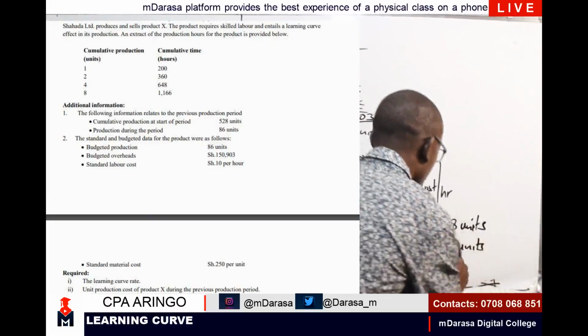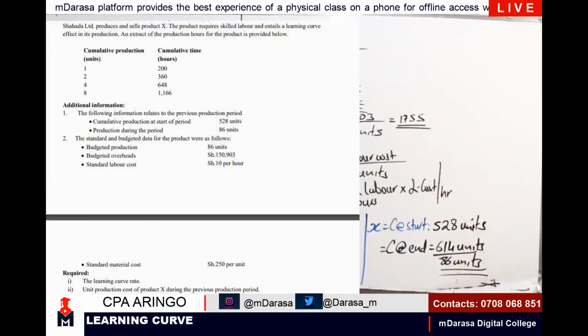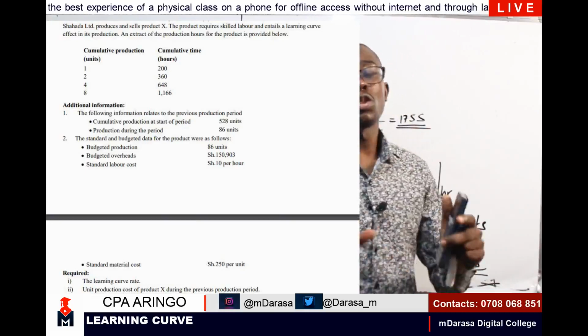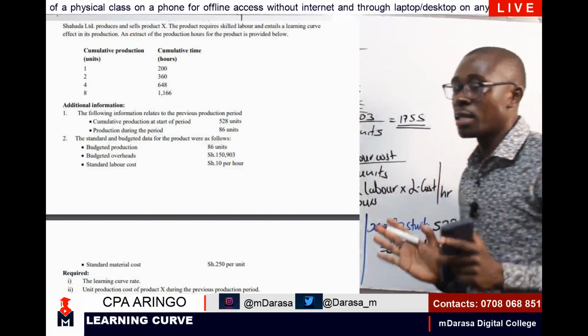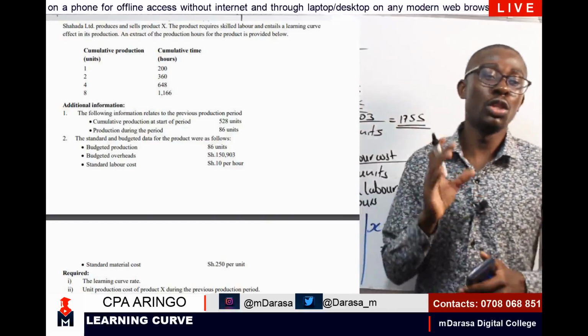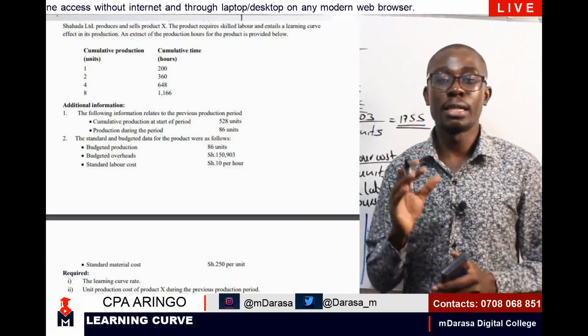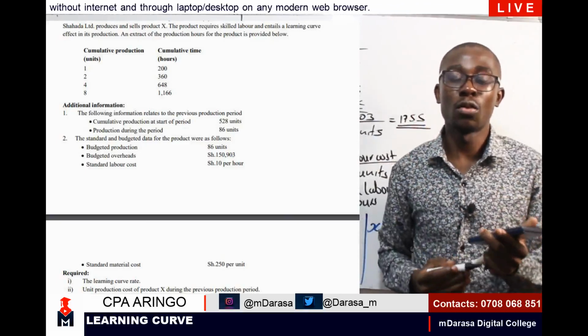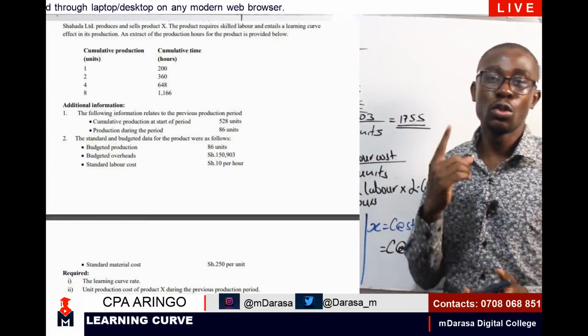It will be upon us to determine the total time of producing the 614 units and the total time of producing the 528 units. If we get this difference, that will give us the time that we took to produce 86 units. And once we have that, it will be very easy for us to determine our labor cost of producing 1 unit.